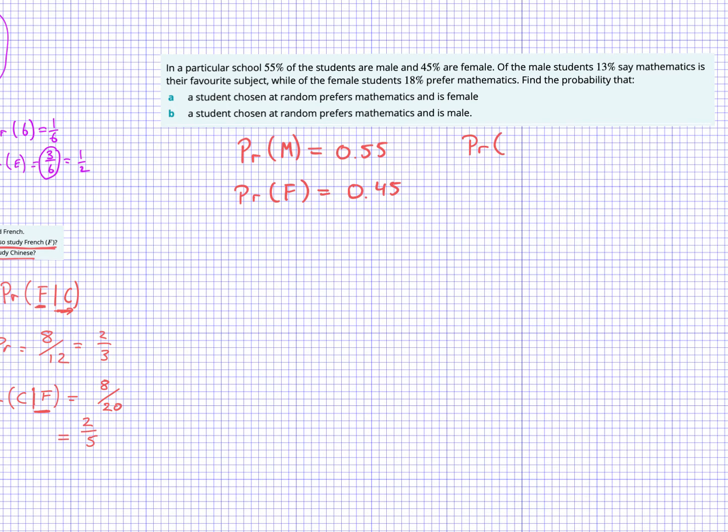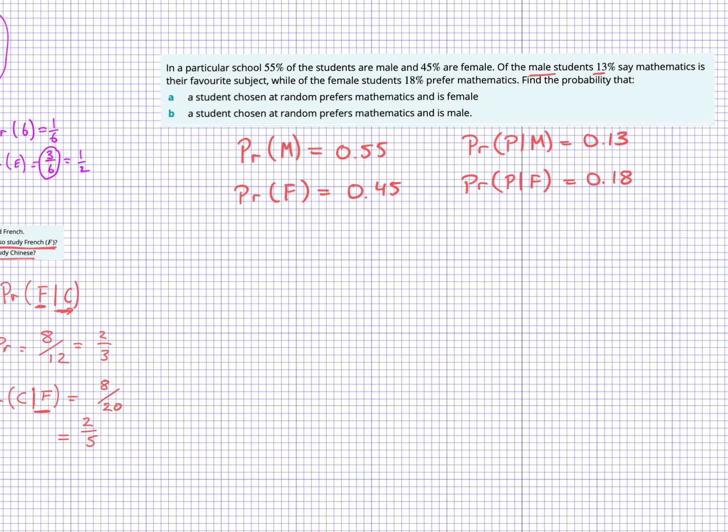Now, let's think about this. 13% of males say mathematics is their favourite subject, so the chance they prefer maths given they're male is 0.13, and the chance that a female prefers maths is 0.18. Now, you might have noticed that male and female add up to 1, but these conditional ones don't add up to make 1 or even close to, because they're conditional. They're a combination of other probabilities.